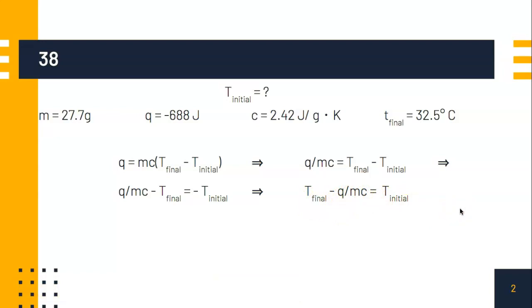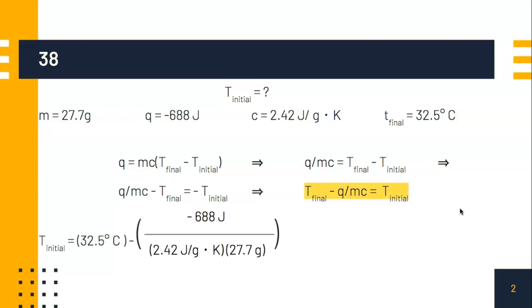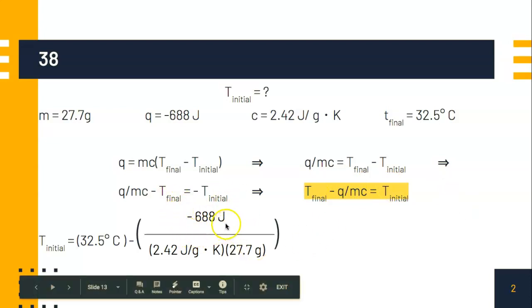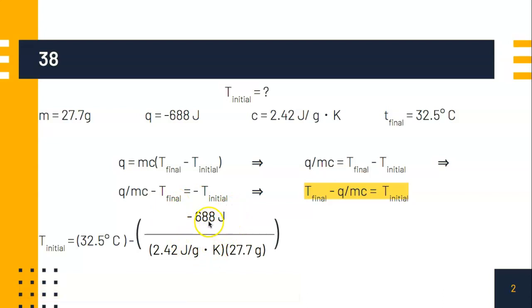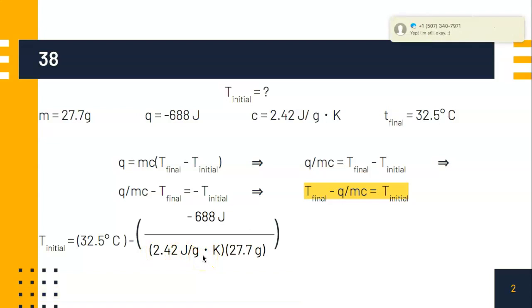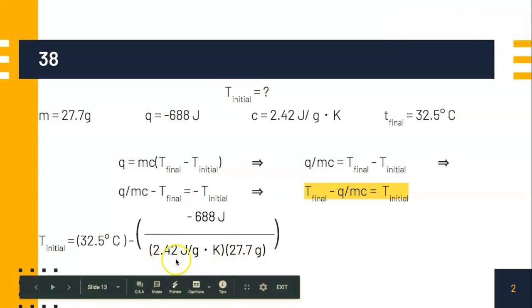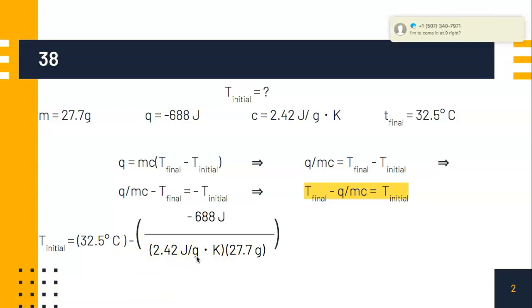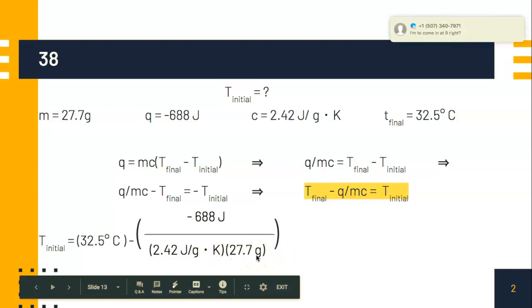Now I'm at a point where I can start plugging in numbers, doing the math, and I'll get my answer. So I have my T initial equals 32.5, the T final, minus the opposite of, or minus 688, which is our Q, divided by, for some reason I've switched around my C and M, 2.42 times 27.7 grams.